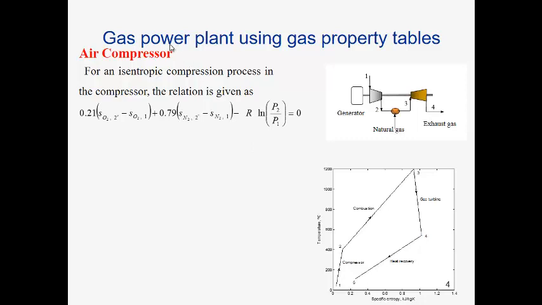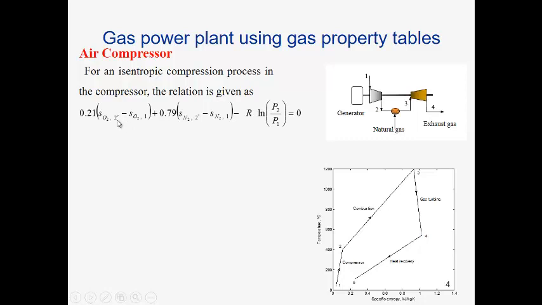Now in this isentropic compression, the delta S is equal to 0, but we are taking the properties of entropy from the tables, gas property tables. Let us assume 1 kg mole of air. Out of 1 kg mole of air, 21% is the oxygen and 79% is nitrogen.